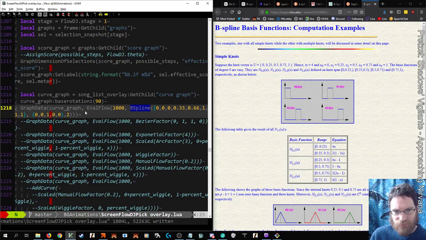Hence, the basis functions. Maybe I don't even need control points because I just want to go 0, 1. Well, no, I need an influence map times some constant. So that's the influence function.